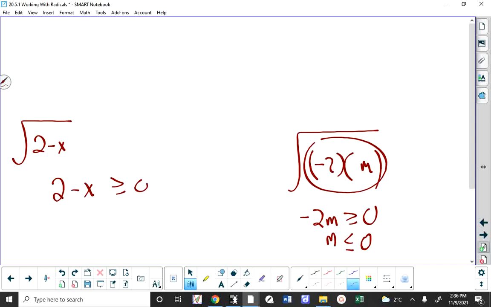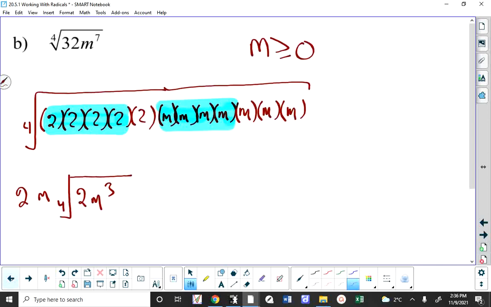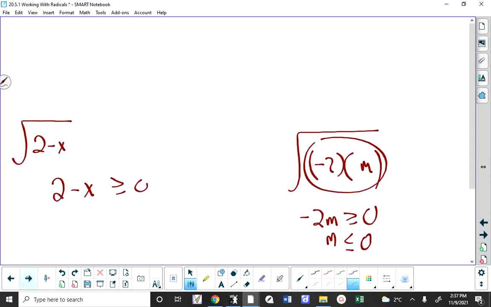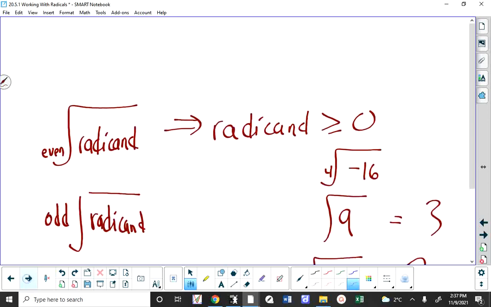The only reason I'm saying the variable has to be positive is because there's multiplication occurring everywhere here. If I had something like 2 minus x, it's more complicated. And that's why I've told you that the safest bet is just to say the radicand must be positive. I hope that answers your question.